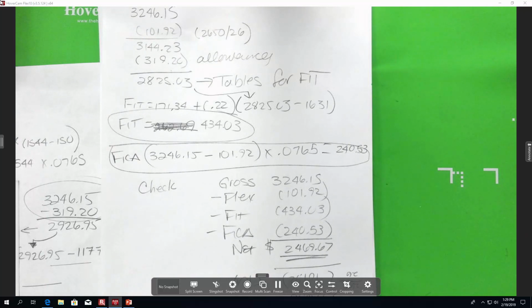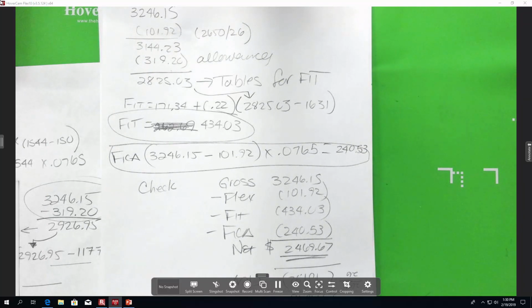Okay, so you can see this can get a little confusing. But here's the stuff I would go through in my mind. If it's just straight up no 401k or no flex, you can just go straight to the tables. No big deal. If there's some sort of tax deferred deduction, pre-tax deduction, you have to ask yourself, is it FICA and FIT or just FIT?